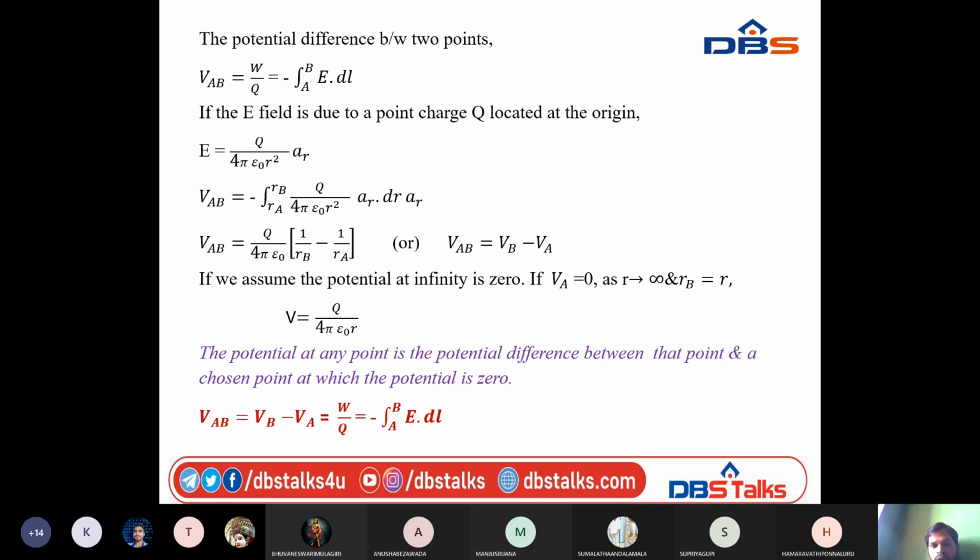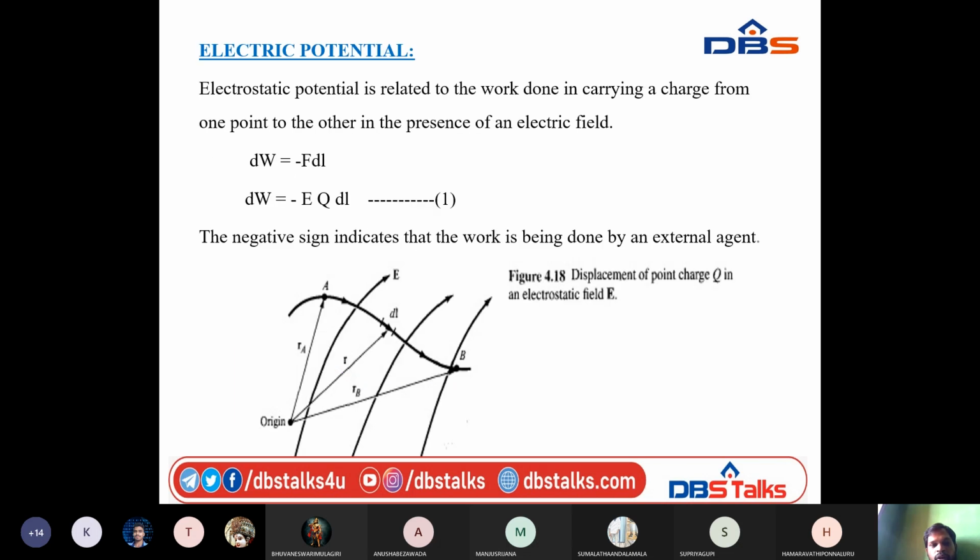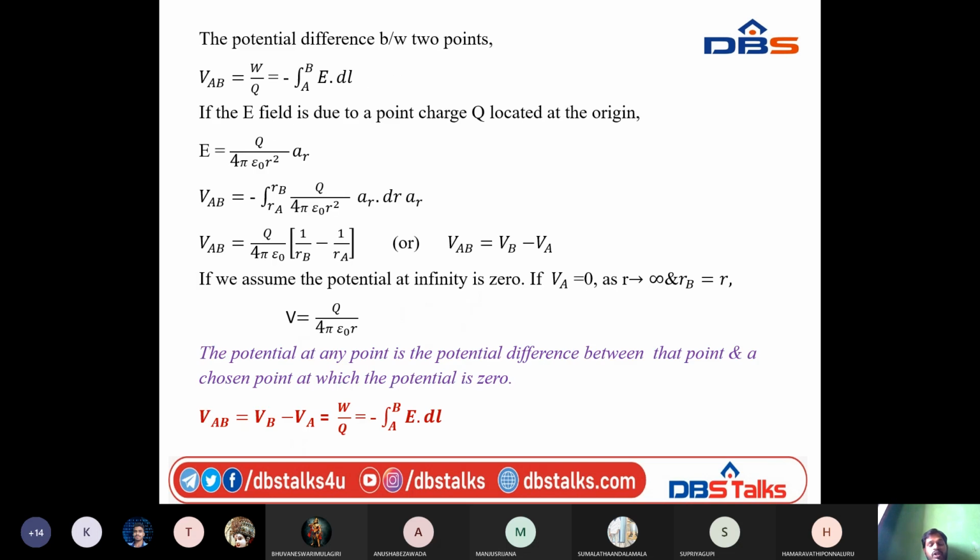The potential difference between point A and point B can be considered as the electric potential for moving from point A to point B. Here I have been applying some force, so that can be represented in terms of work. Potential is nothing but work per charge.